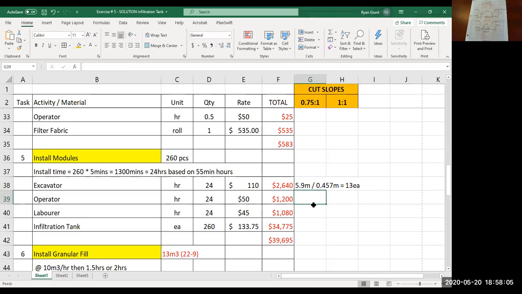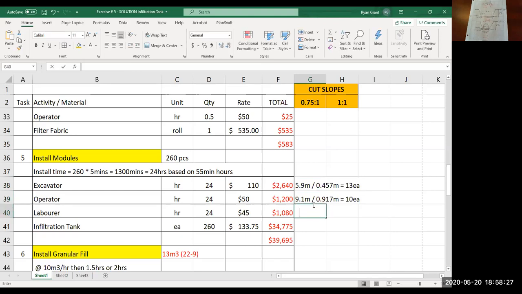The infiltration tank is 9.1 meters long. Each individual module for the tank is 0.9 meters long. Dividing those two means you have 10 modules long. So you're 13 wide by 10 long.